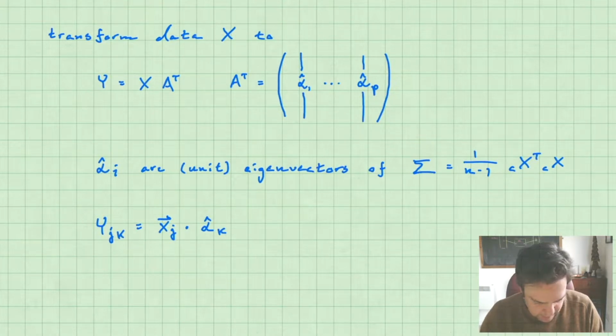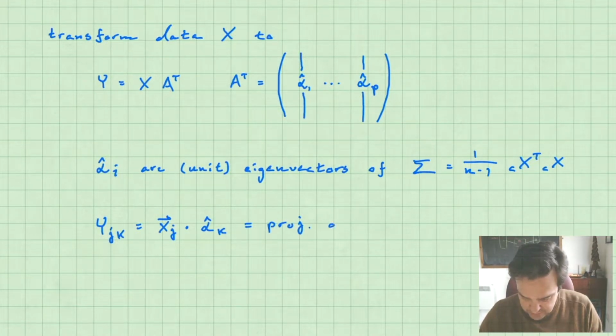Okay, and so this quantity x_j dotted with alpha hat k, you could interpret this as the projection of observation j onto principal component k.